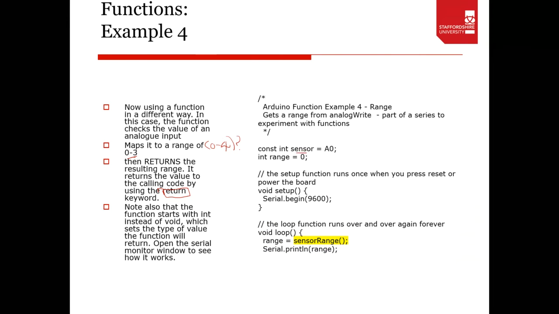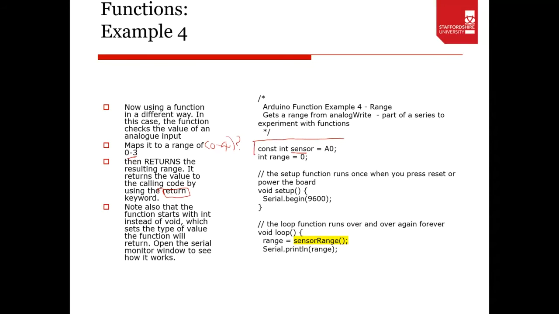So sensor here is declared as a global variable. What does that mean? Can it be seen in void setup?